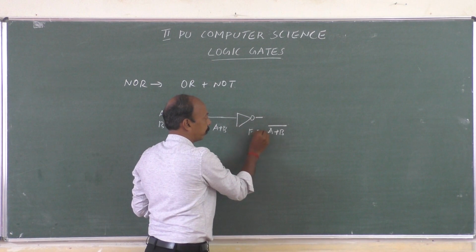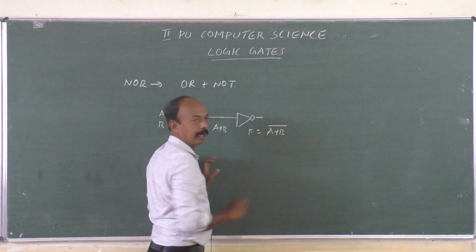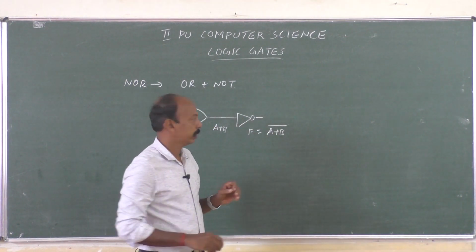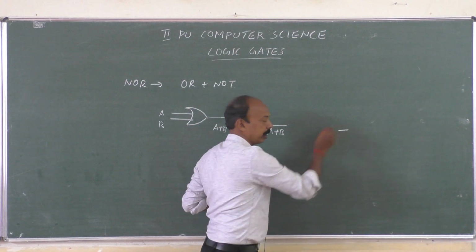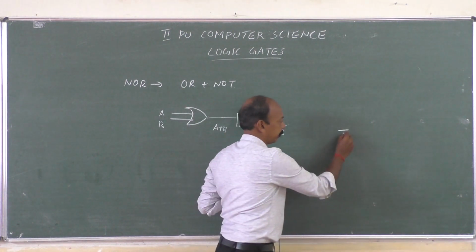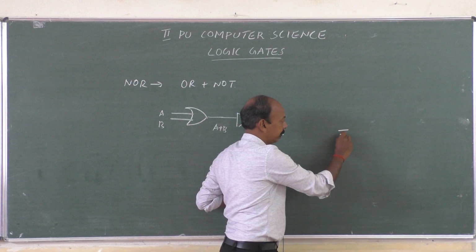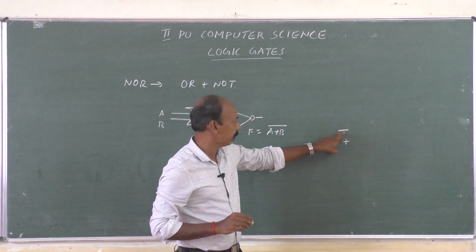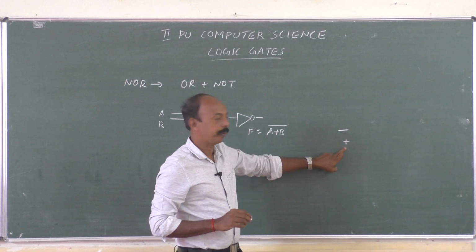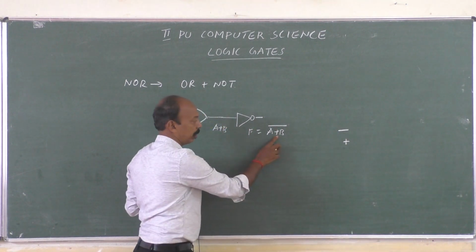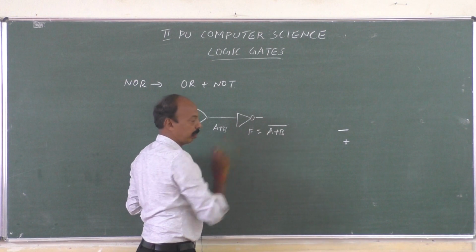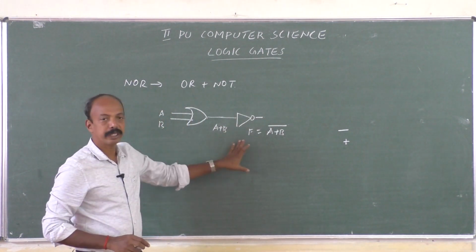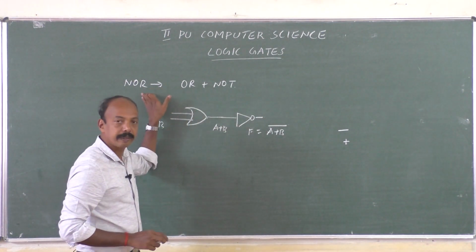So F is equal to A plus B whole bar. This is the symbol for the NOT gate, that is bar or the complement, and this is the symbol for OR. So this is the working of a NOR gate.